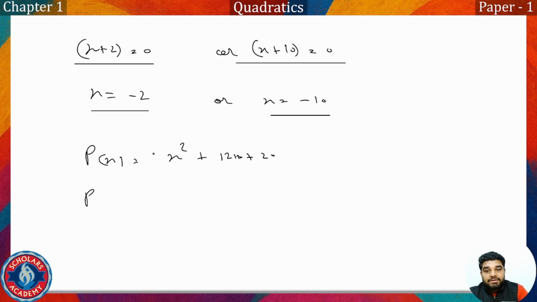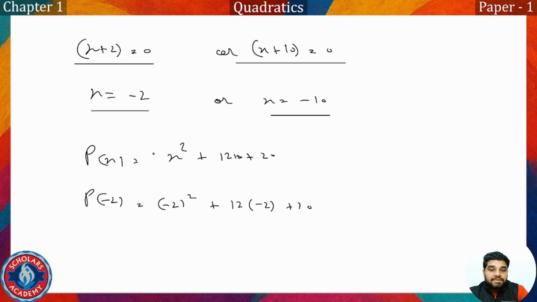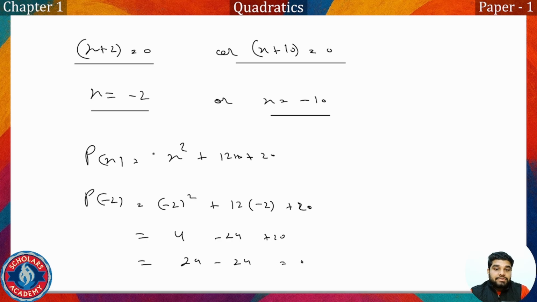If I substitute p of negative 2 over here, square of negative 2 plus 12 times negative 2 plus 20, I get square of negative 2, which is 4, plus 12 times negative 2, I get negative 24, plus 20. 24 minus 24, 0. Correct? x is equal to negative 2 is a zero of this polynomial, and x plus 2 is a factor.